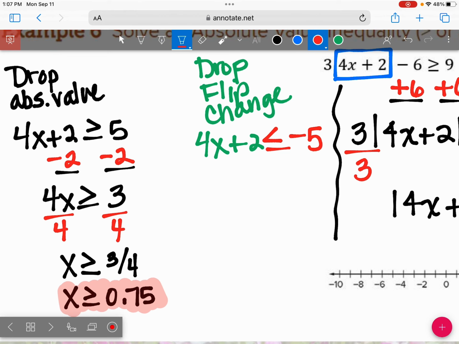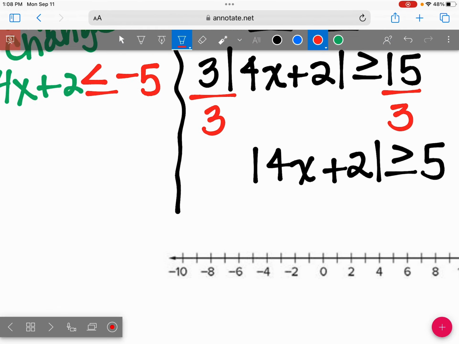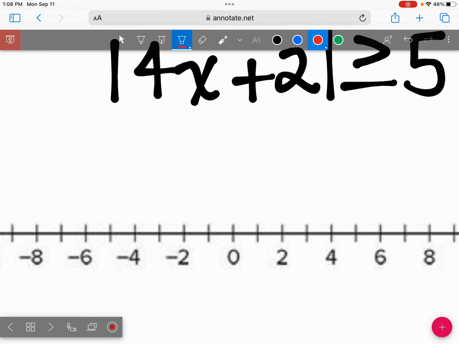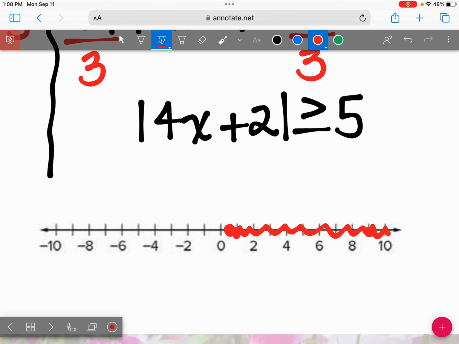So let's go ahead and graph that. 0.75 falls between 0 and 1, so put a closed circle. Let me zoom in over here. I'm putting a closed circle between 0 and 1, and then I'm drawing it to the right. That's half of my solution.